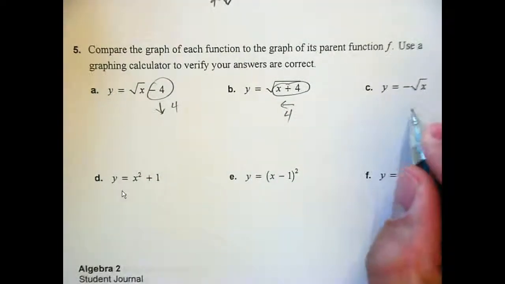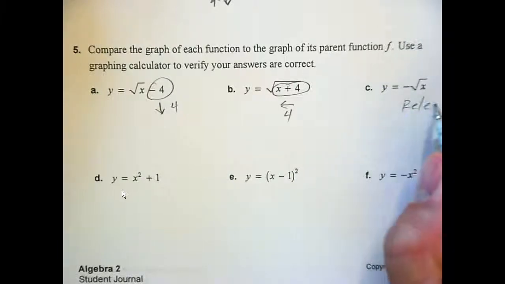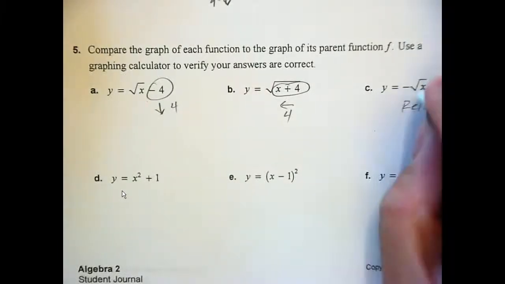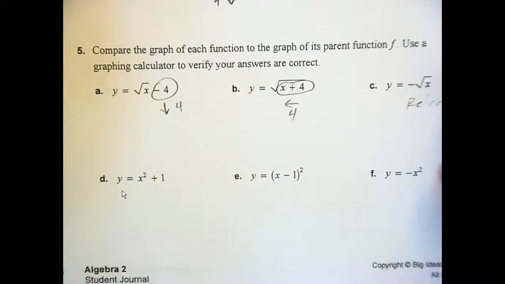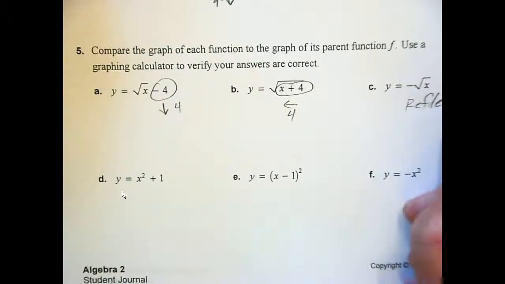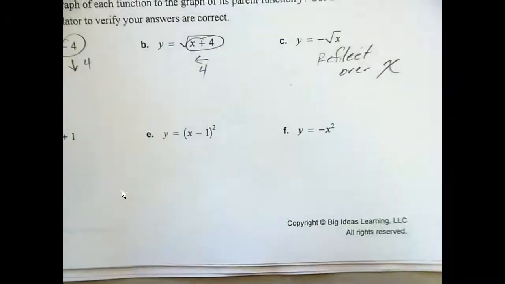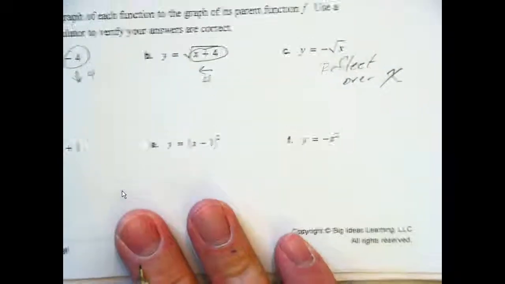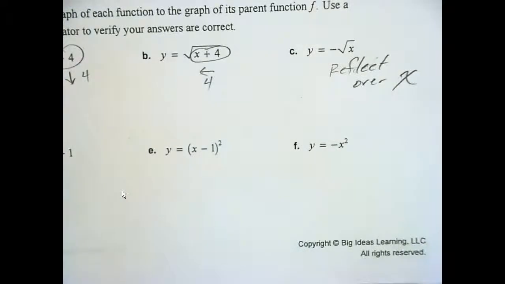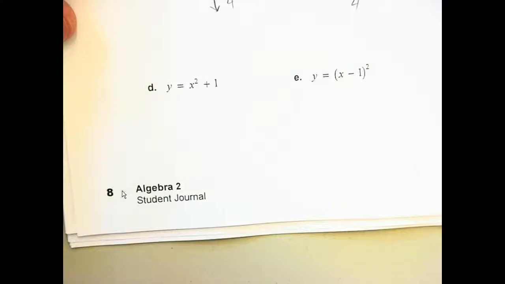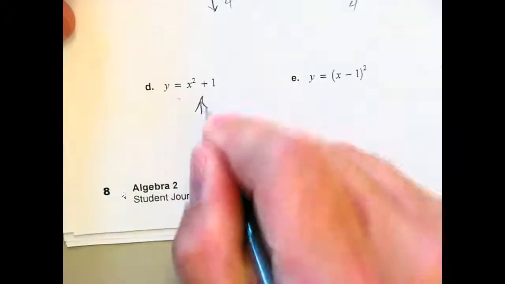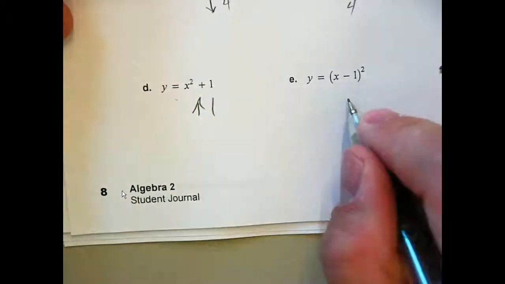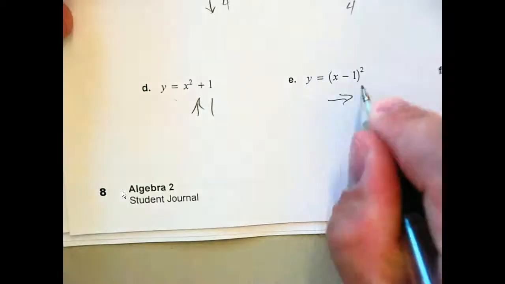What happens here? Reflect over x. Thanks for telling me. Now we can see it. You guys have to let me know if I'm off the screen. I don't see it. Okay, what's happening here? Up one. Here? Right one. Here?